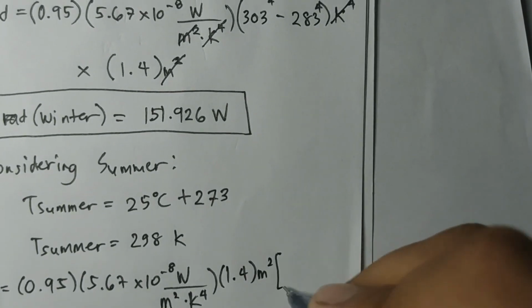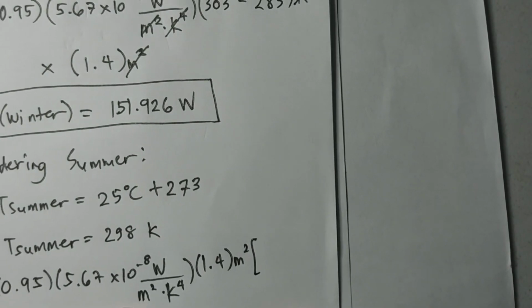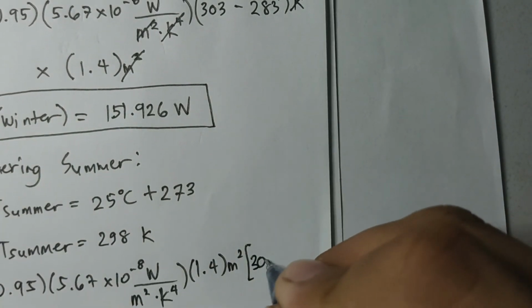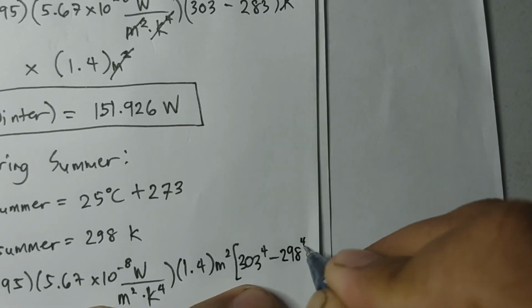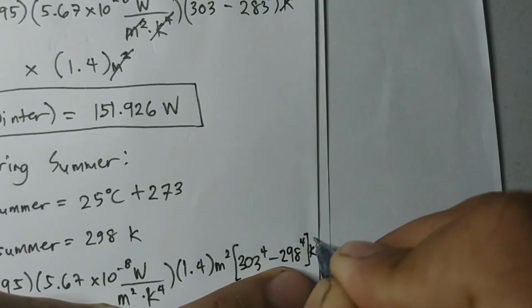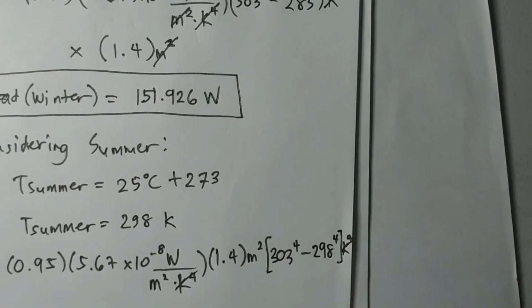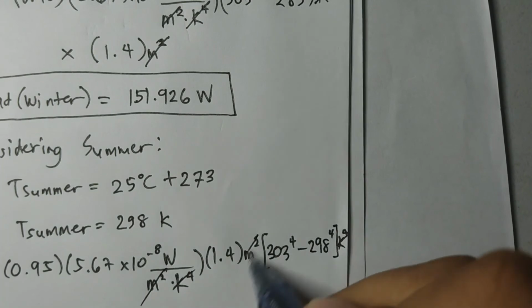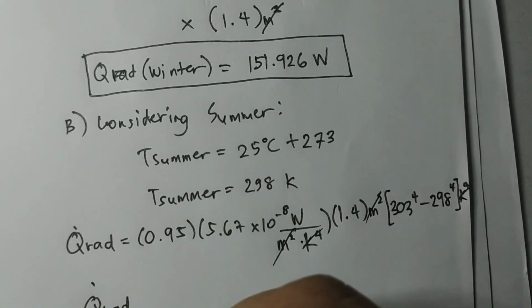Tapos, ilagay mo na yung temperatures mo. So, 303 raised to 4 minus 298 raised to 4. Naka K to the 4th. So, mag-cancel out na tayo. K to the 4th, cancel. Meter squared, cancel. Matira watts. So, ang unit ng Q-rad ay watts.